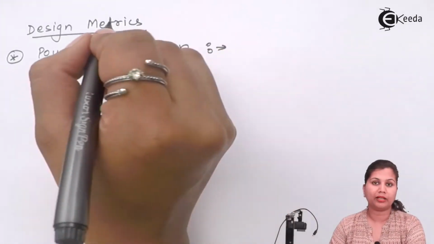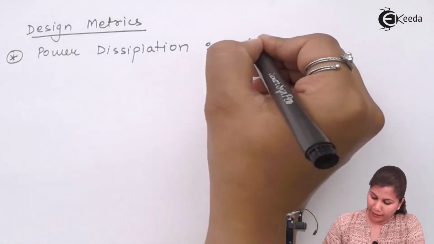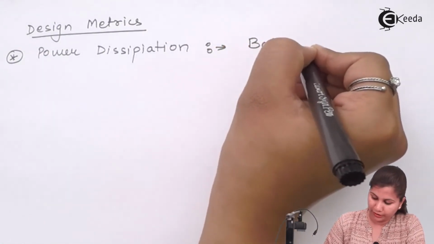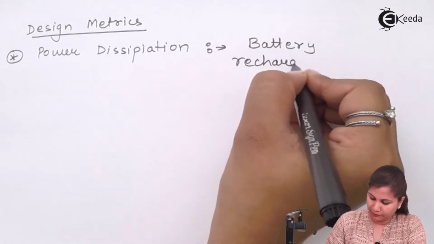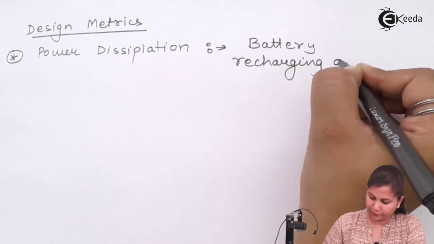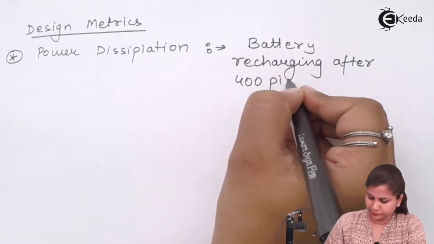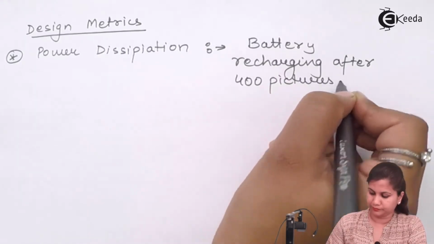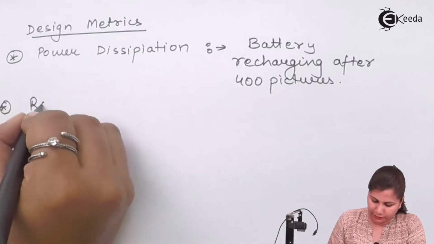The digital camera is a battery operated embedded system, so the battery is to be recharged, and battery recharging is to be done after 400 pictures. The next design metric is its resolution.